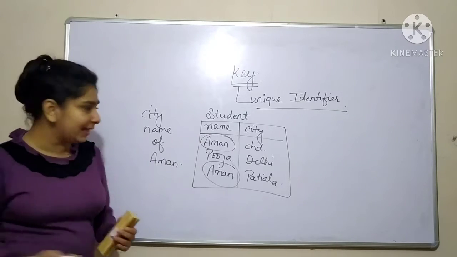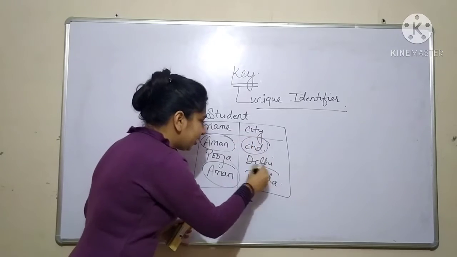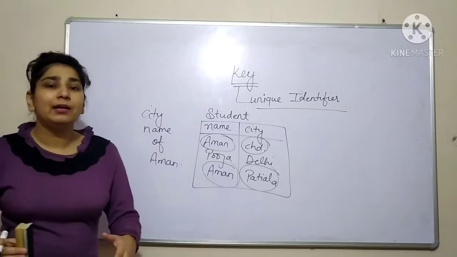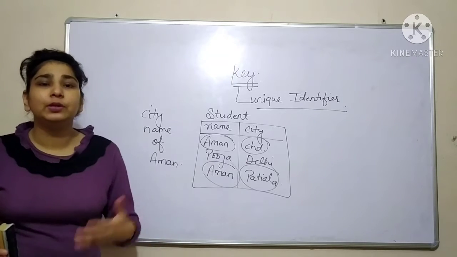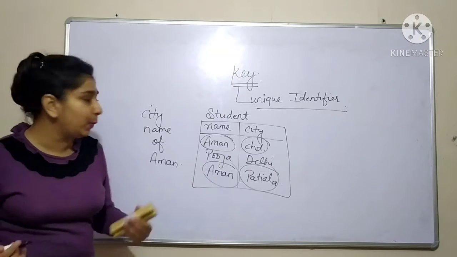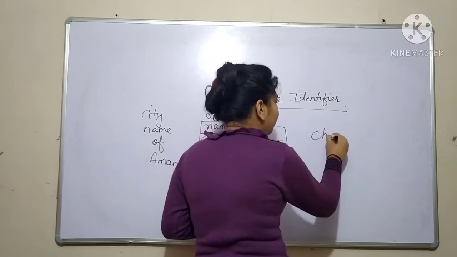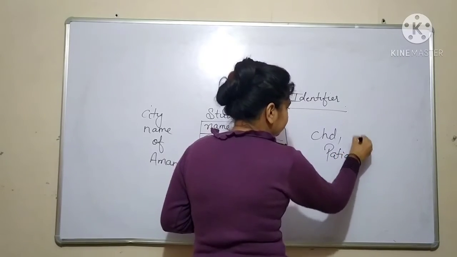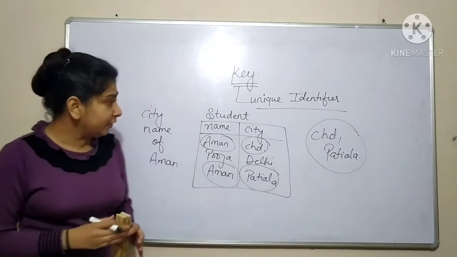We are getting two names, Chandigarh as well as Patiala. So if you are asked to determine the city name of Aman, your answer would be either Chandigarh or Patiala.